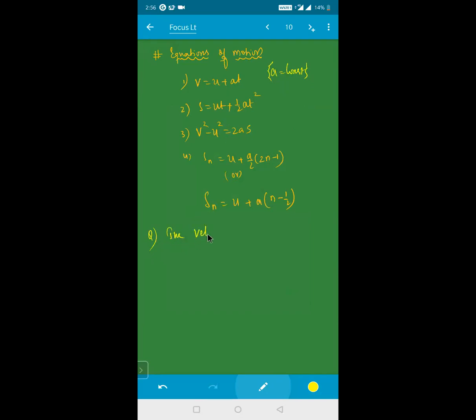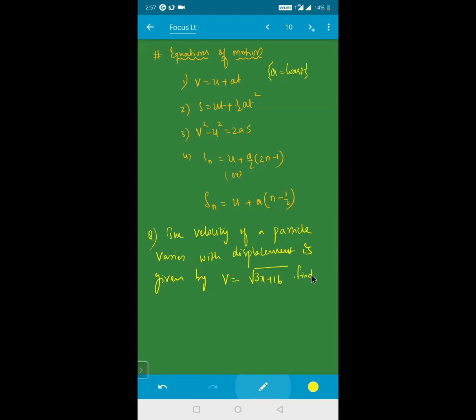The velocity of a particle varies with displacement and is given by v equals under root of 3x plus 16.